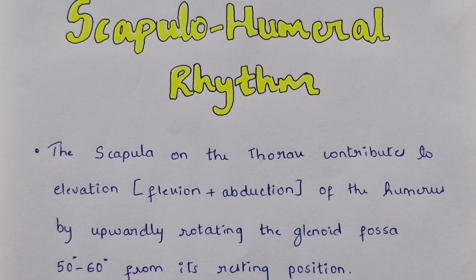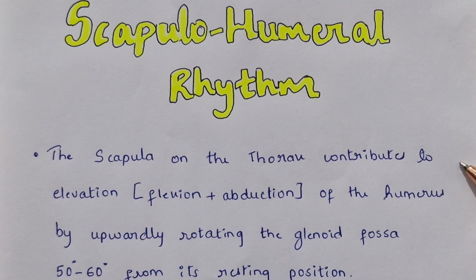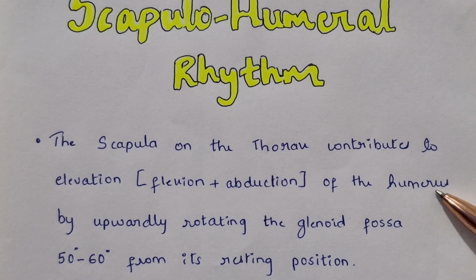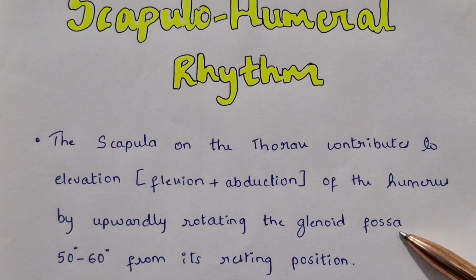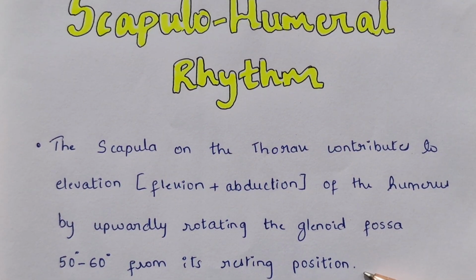Scapulo-humeral rhythm. The scapula on the thorax contributes to elevation, that is flexion and abduction of the humerus, by upwardly rotating the glenoid fossa 50 to 60 degrees from its resting position.